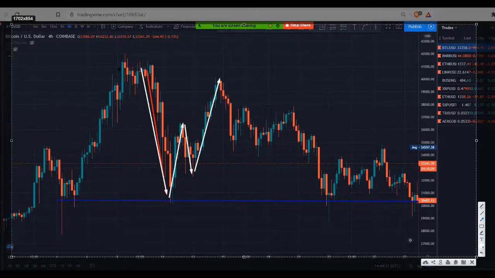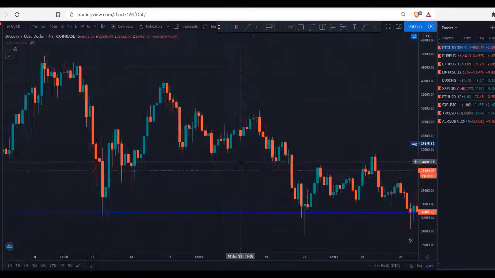But even when I see this, I can still tell that once price broke this level, which it did here with this particular green candle, price is going to go up to this level. And that's what happened here. So that's a double bottom.